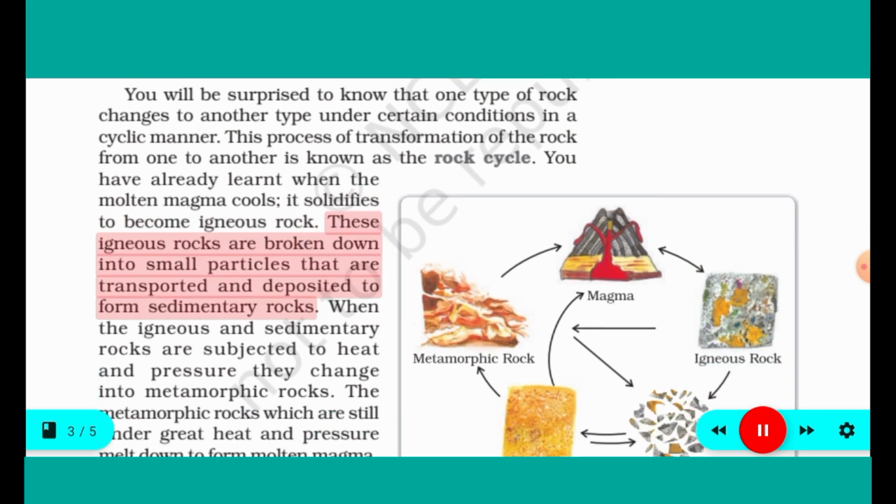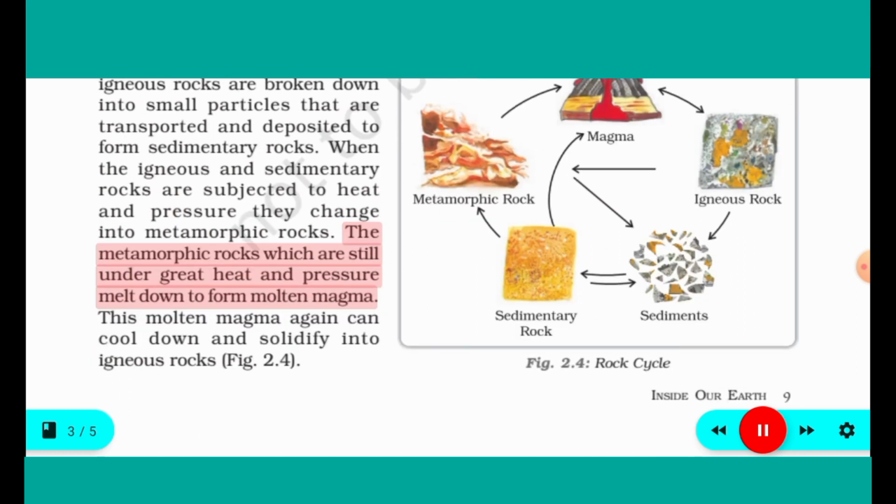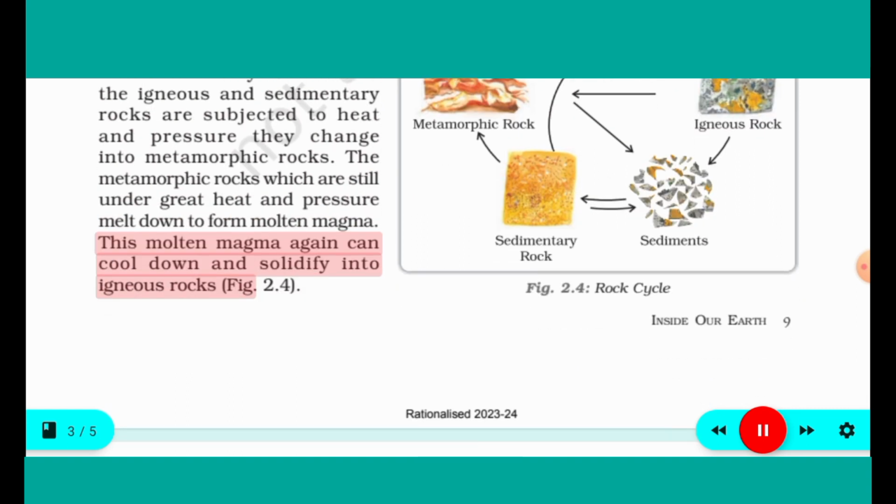These igneous rocks are broken down into small particles that are transported and deposited to form sedimentary rocks. When the igneous and sedimentary rocks are subjected to heat and pressure, they change into metamorphic rocks. The metamorphic rocks, which are still under great heat and pressure, melt down to form molten magma. This molten magma again can cool down and solidify into igneous rocks.